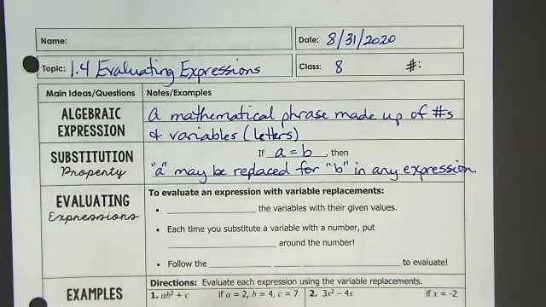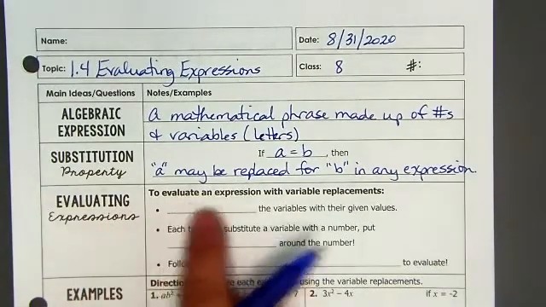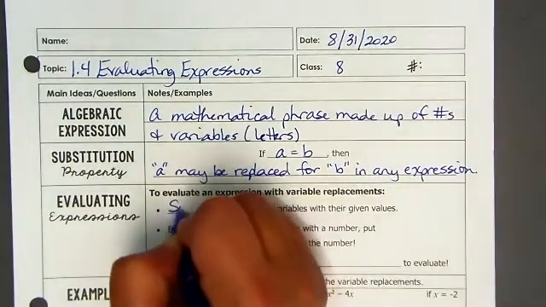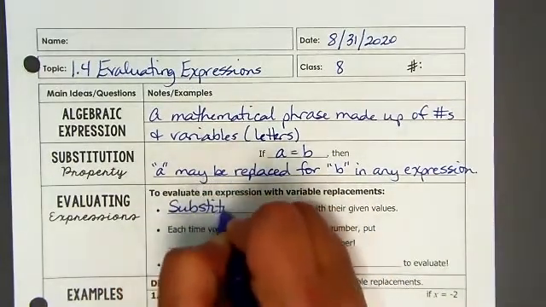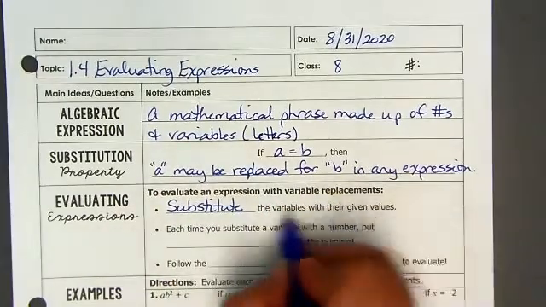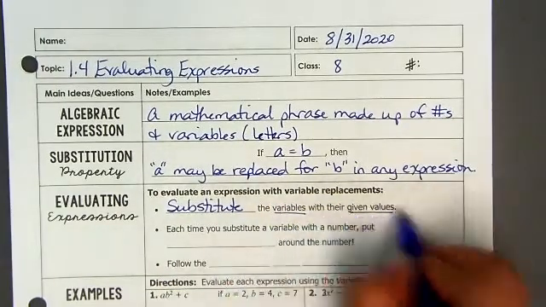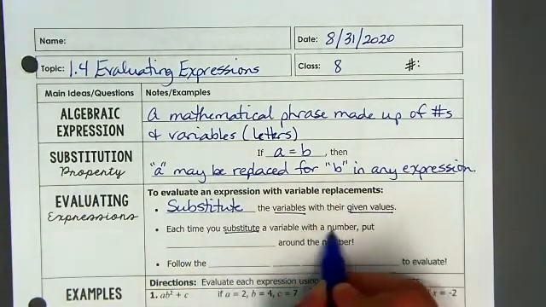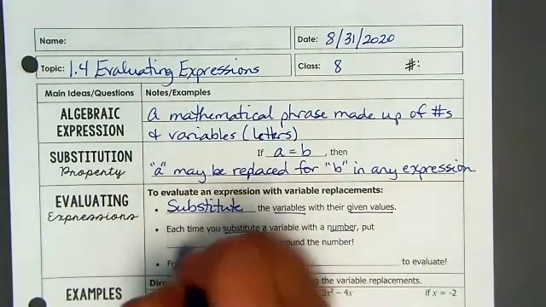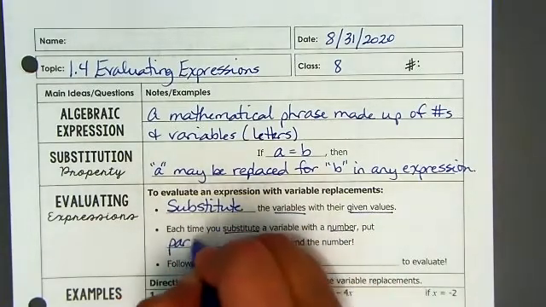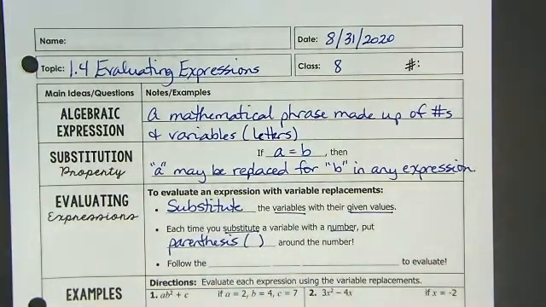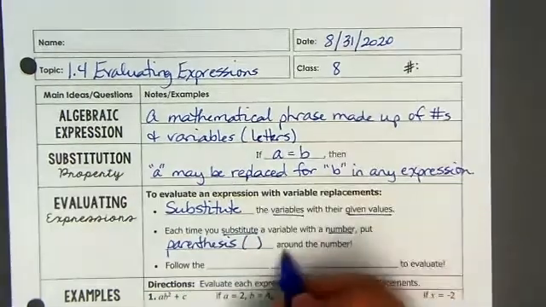and so forth. Okay, so to evaluate an expression with variable replacements, first you're going to substitute the variables with given values. Each time you substitute a variable with a number, put parentheses around the number.